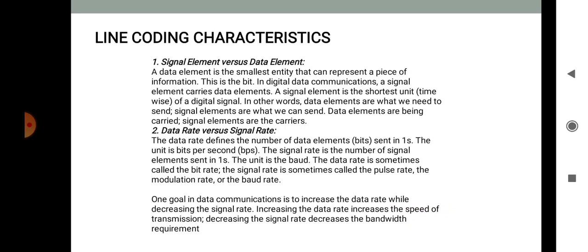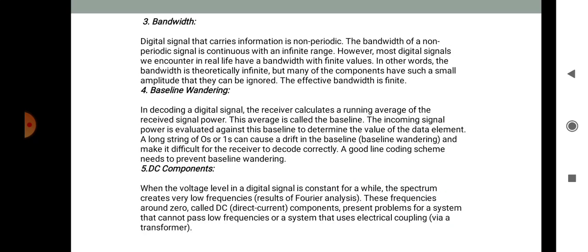Second is data rate versus signal rate. The data rate defines the number of data elements, that means bits, sent in 1 second, and the signal rate is the number of signal elements sent in 1 second. Third is bandwidth. The actual bandwidth of a digital signal is infinite, and the effective bandwidth is finite.